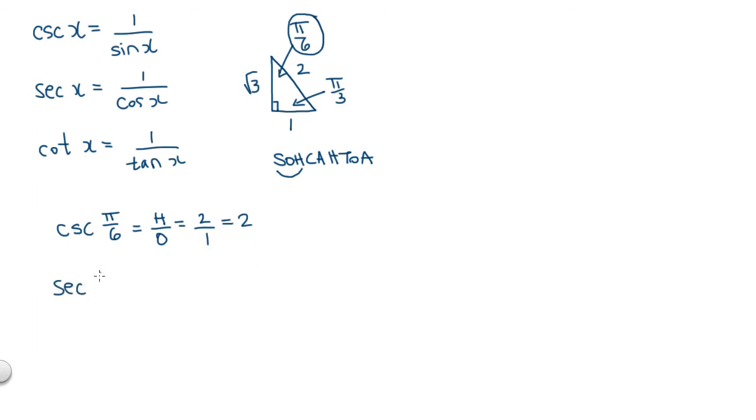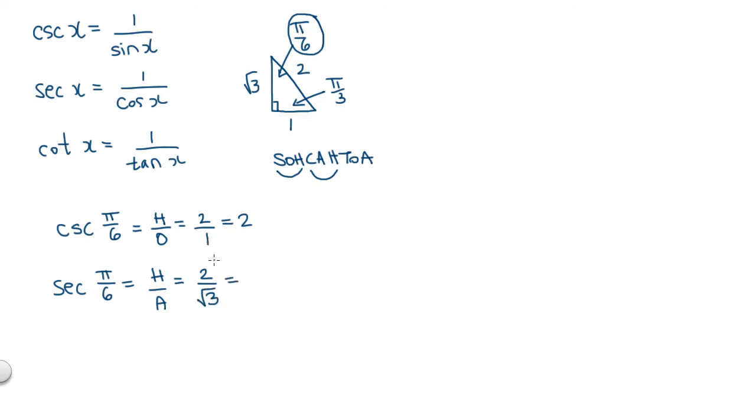If we want secant of pi over 6, we have to remember that secant is the reciprocal of the cosine function. So if cos of an angle is adjacent over hypotenuse, then secant of that angle is going to be hypotenuse over adjacent. Looking back at our triangle with respect to the angle pi over 6, the hypotenuse is still 2. The adjacent side is root 3.